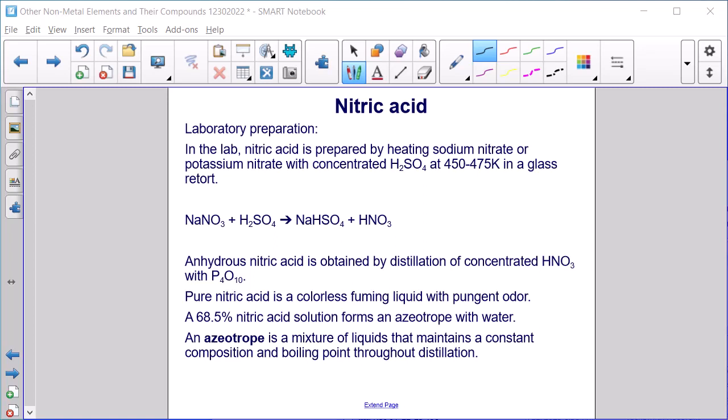Pure nitric acid is a colorless, fuming liquid with pungent odor. A 68.5% nitric acid solution forms an azeotrope with water. An azeotrope is a mixture of liquids that maintains a constant composition and boiling point throughout distillation.